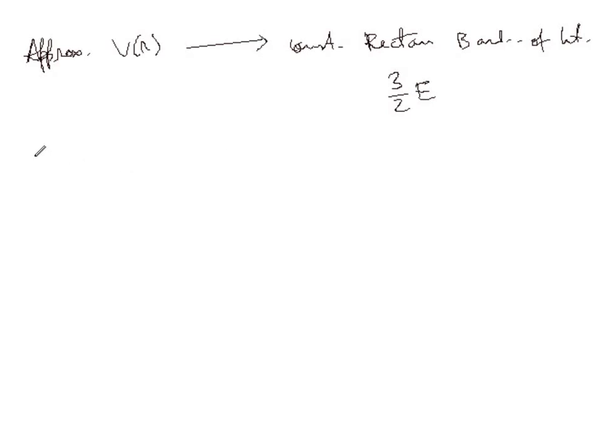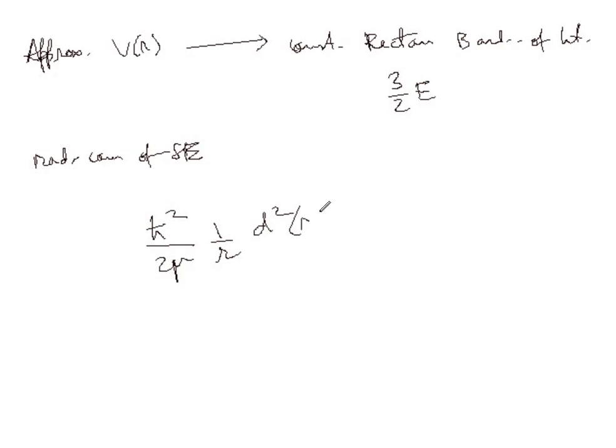Then the radial component of the Schrodinger equation will become h cross square by twice mu times 1 by r d2(r psi) divided by dr square is of the order of E by 2 psi.